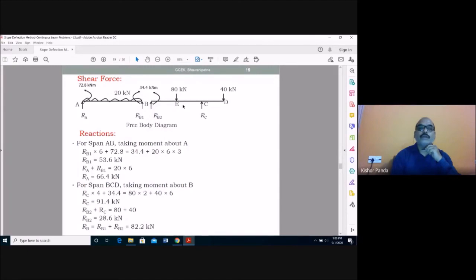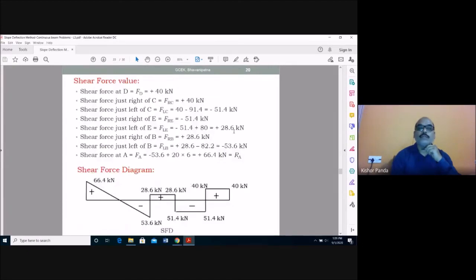Left of E means you have to add this load. So here you got left of E plus 28.6 kilonewton. The value suddenly increases to 28.6 kilonewton. Then the shear force just right of B also remains constant, 28.6 and 28.6.